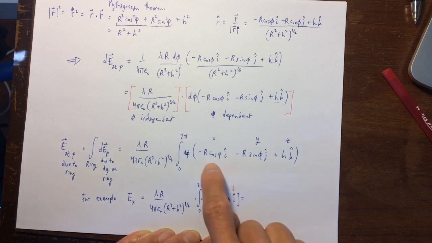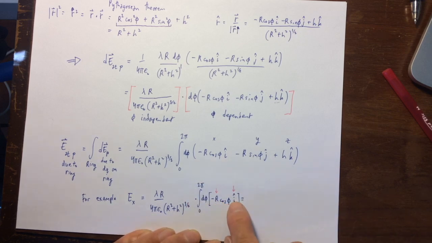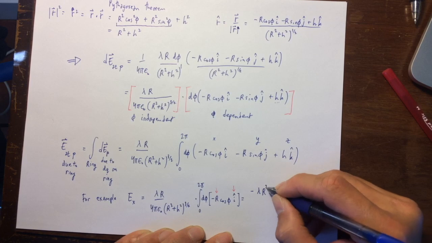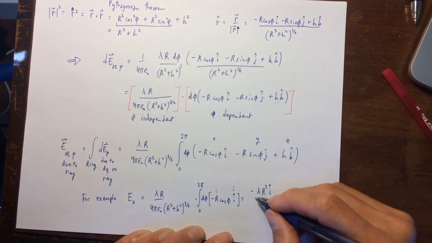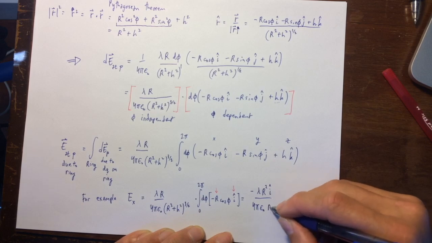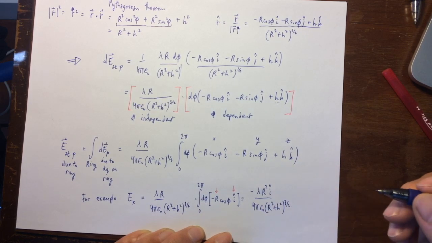So i hat is constant as far as the integral goes. And so if R and i hat and the minus sign can all come out front, they can join the lambda R. So it goes minus lambda R squared i hat, divided by 4 pi epsilon 0 times (R squared plus H squared) to the 3/2 power.